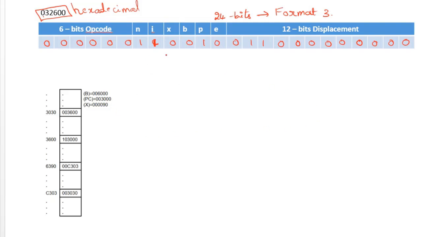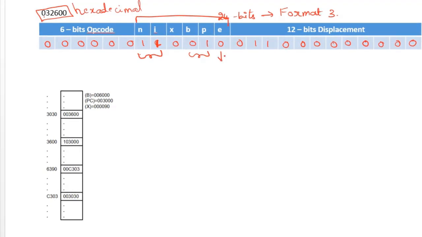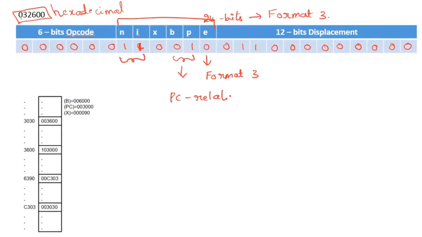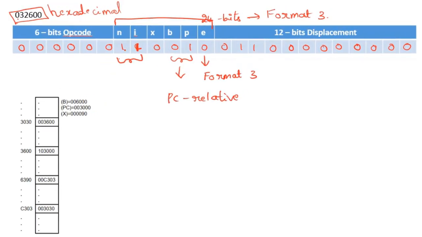Next job is we have to identify the addressing mode. How is addressing mode identified? It is based on the NIXBPE bits, right? So we will process N and I together, B and P together, and E 0 indicates what? It is format 3. B 0 P 1 means what? This is PC relative. N and I both are equal to 1 means what?